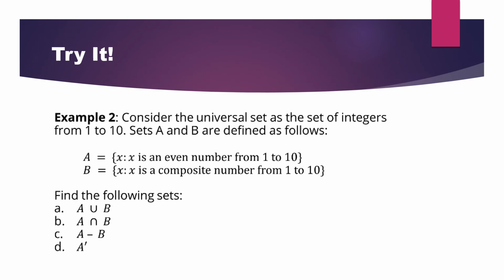Next, example number 2. Consider the universal set as the set of integers from 1 to 10. Sets A and B are defined as follows. Set A is the set of all x such that x is an even number from 1 to 10, while set B is the set of all x such that x is a composite number from 1 to 10.